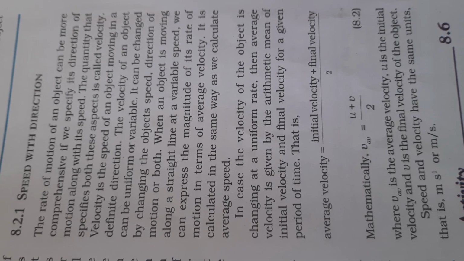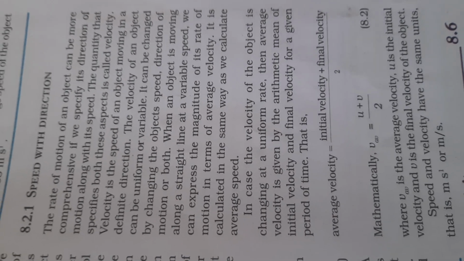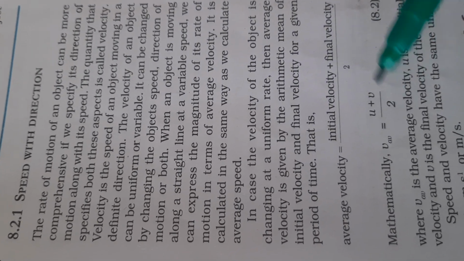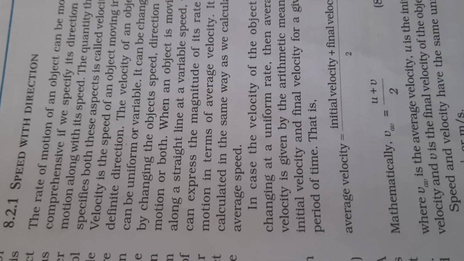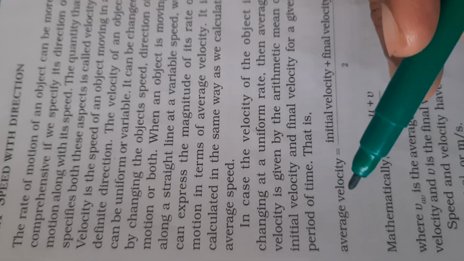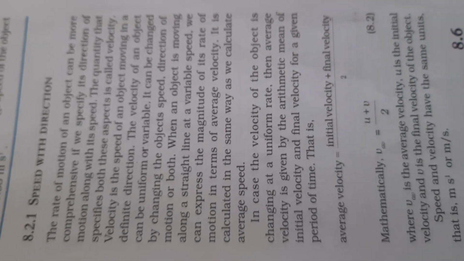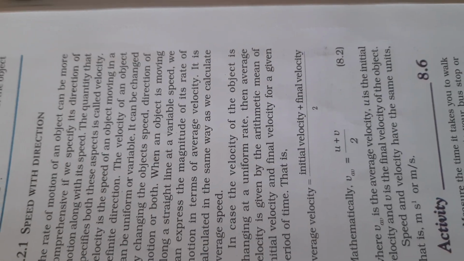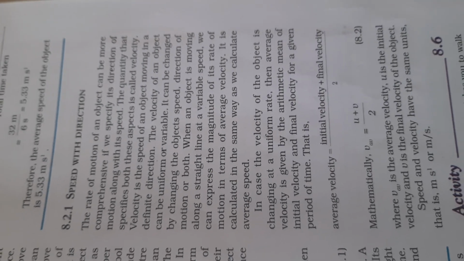There you know what u, v, s everything represent. Initial velocity is u, final velocity is v, and it is divided by 2. The average is taken, that is the average of velocity, and this is the formula for average velocity. Hope you are clear with it.